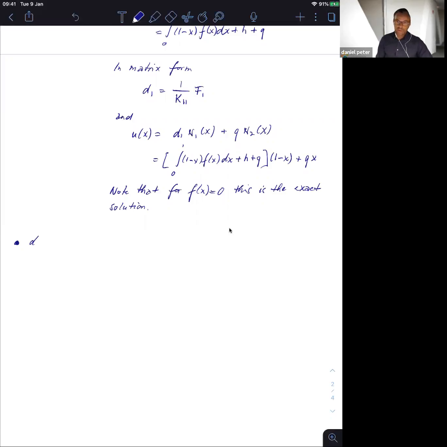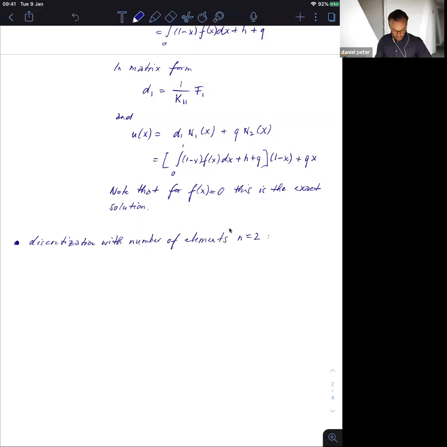And so when we increase now the number of elements, this will also increase the degrees of freedom. So let's choose a discretization with number of elements n equals 2.